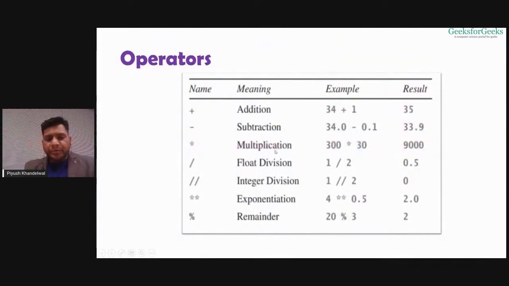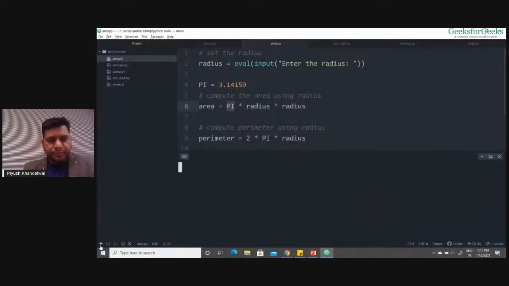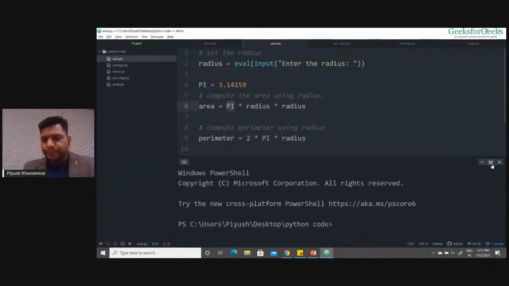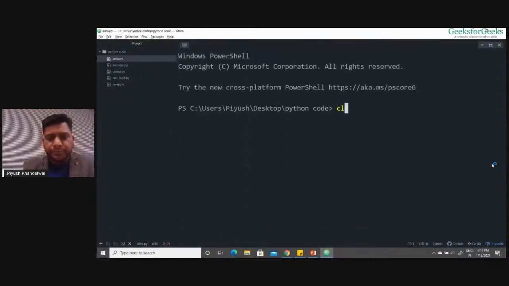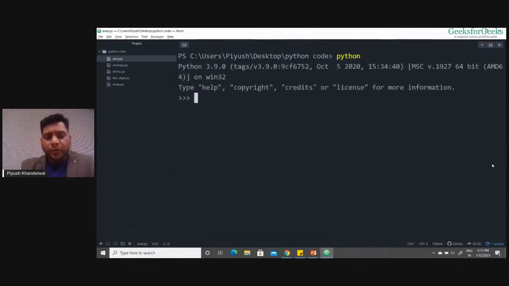Now you will see some new type of operator which is called float division operator. First, let me tell you how it is going to work. If I want to divide 2 by 4, what should be the result?